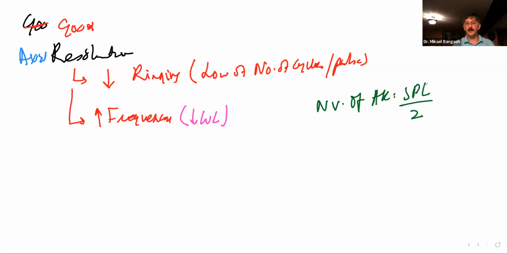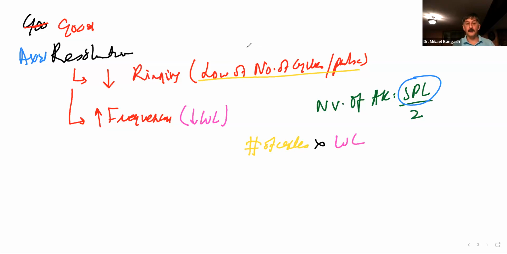But how do we calculate the spatial pulse length, the actual numerical value of your axial resolution? The spatial pulse length divided by 2. It was nothing but your number of cycles multiplied by the wavelength.